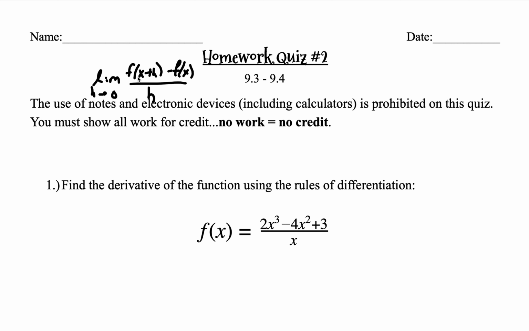So because of the rules we learned in 9.4, we no longer have to use the limit definition every single time we calculate a derivative, though we are allowed to do that.